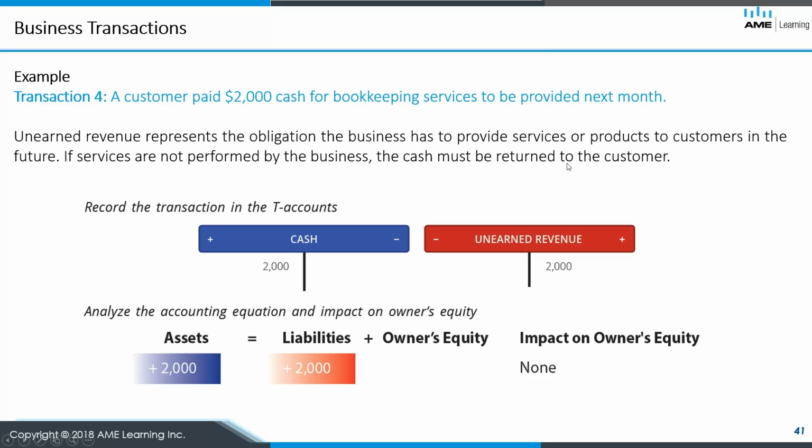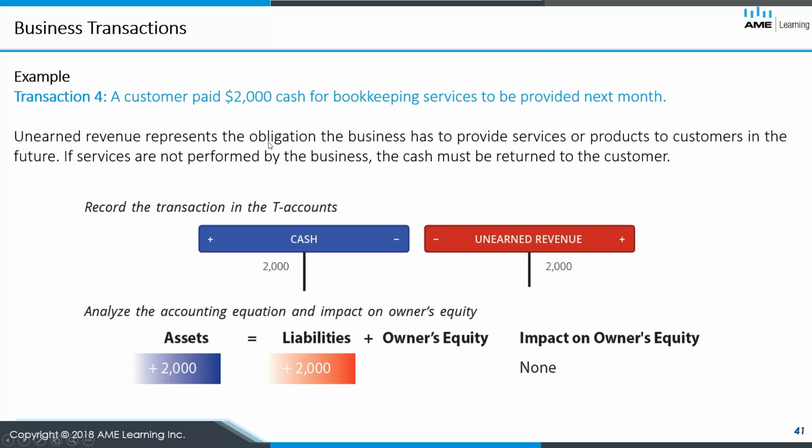And that fits into this idea of it being a liability, where until we provide those services, this is not our money yet, essentially, right? And if we don't provide the business, we have to return the cash to the customer. So again, cash will go up in this instance, but we're not earning the revenue. We're not buying an asset. We just hold the cash and then have a liability until the point at which we provide the services.